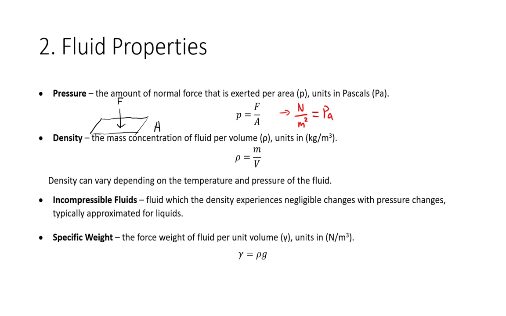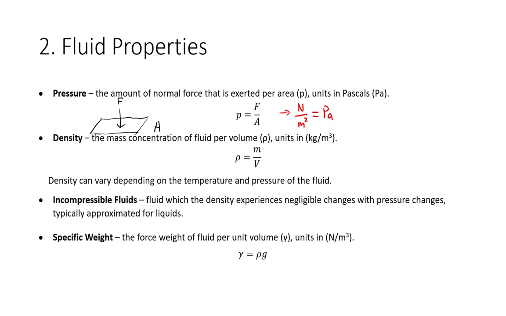It is denoted by the Greek letter gamma, and it has units of newtons per meter cubed. In terms of the formula, the specific weight equals the density of your fluid times the gravitational acceleration, which is approximately 9.8 meters per second squared.